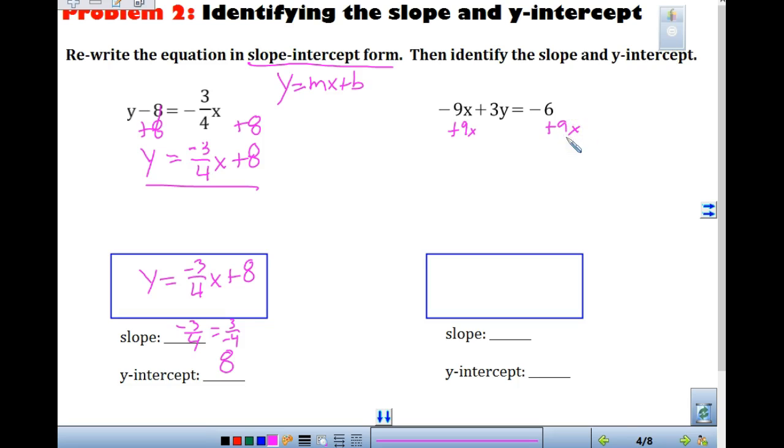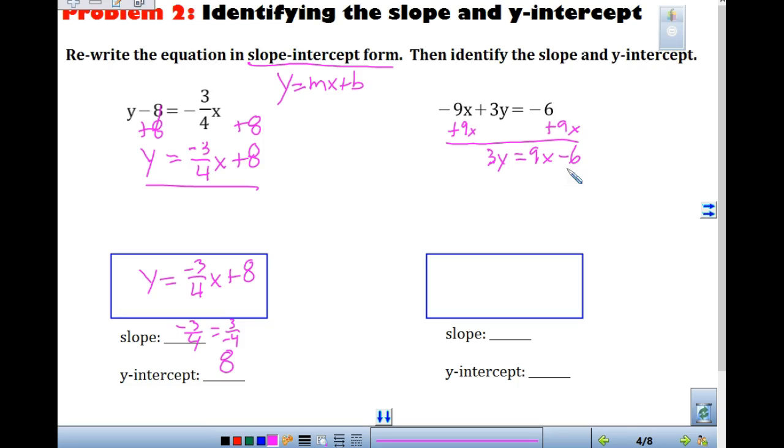So Wyatt, what are you going to write? 3y equals what? 3y equals 9x minus 6. Okay. So you see what Wyatt did? He put this 9x first, which is good because in our slope-intercept form, we have y equals mx plus b.